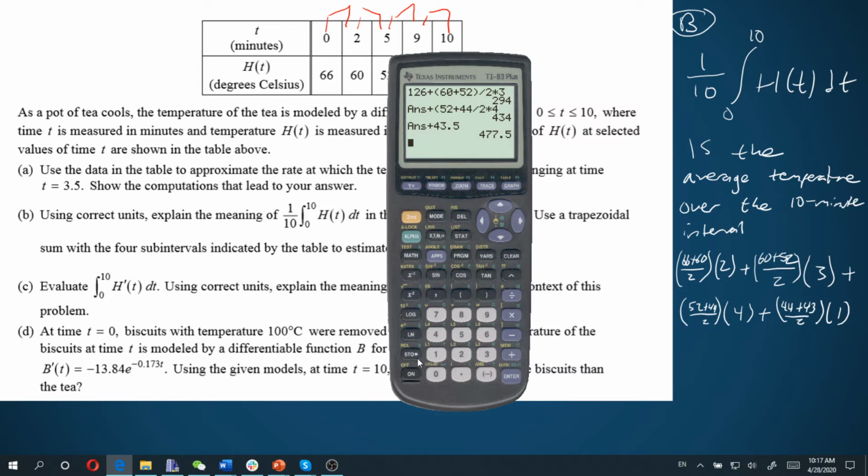And then we can divide by 10 in order to get our average.